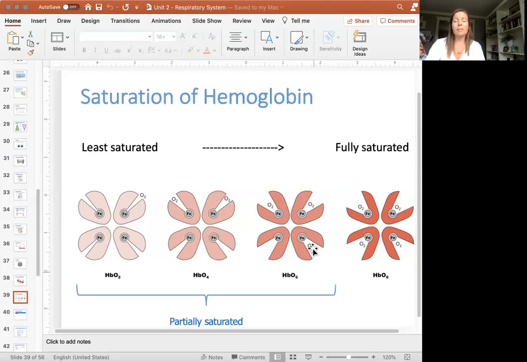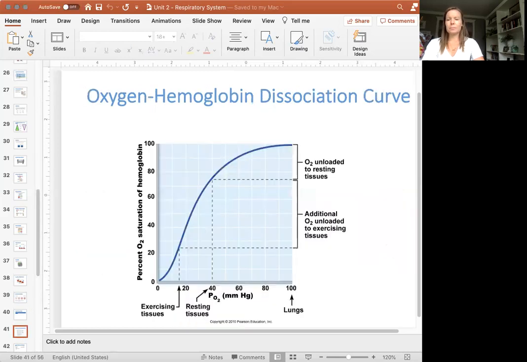If there are any less than 4 oxygen molecules attached to a hemoglobin, so in this case there's 3, over here there are 2, over here there's just 1, these hemoglobin molecules are said to be only partially saturated, not fully saturated. There are several factors that control the rate at which hemoglobin binds to or releases oxygen.